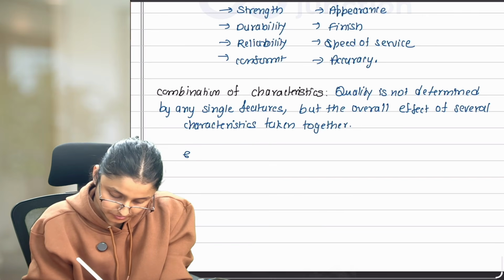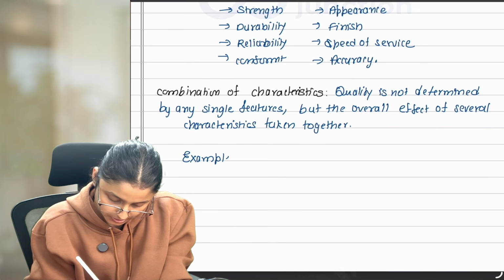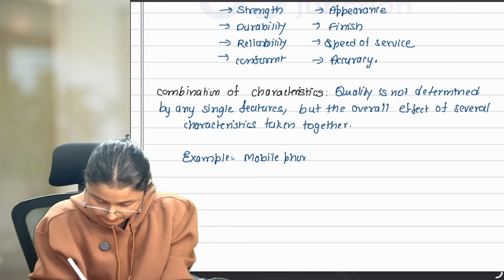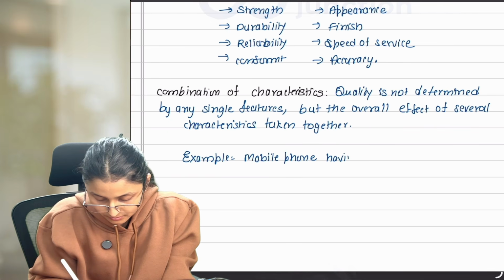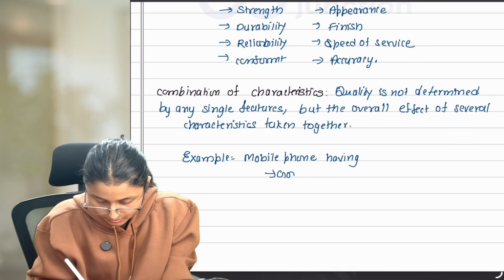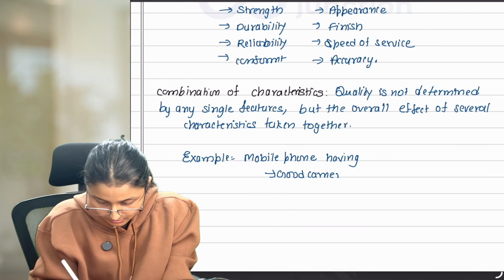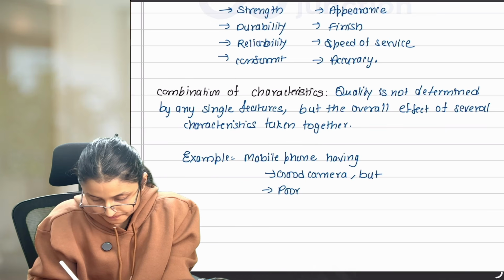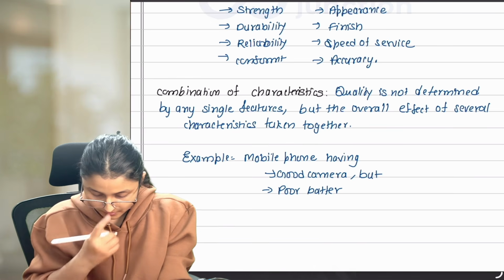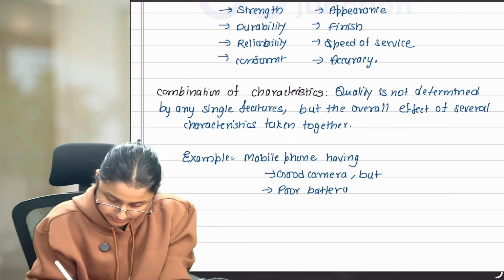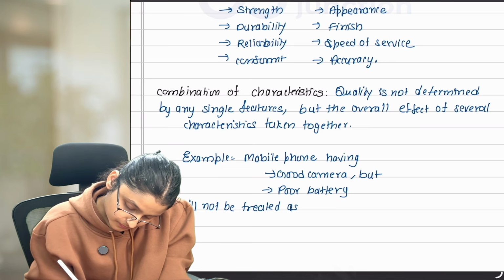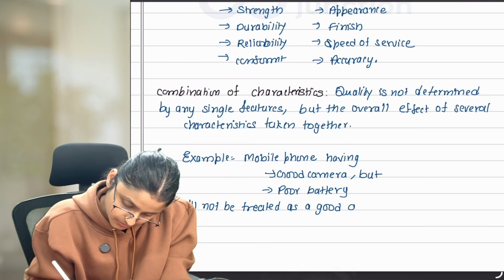You can write the example of an iPhone or any mobile phone having a good camera but poor battery will not be treated as a good quality product.